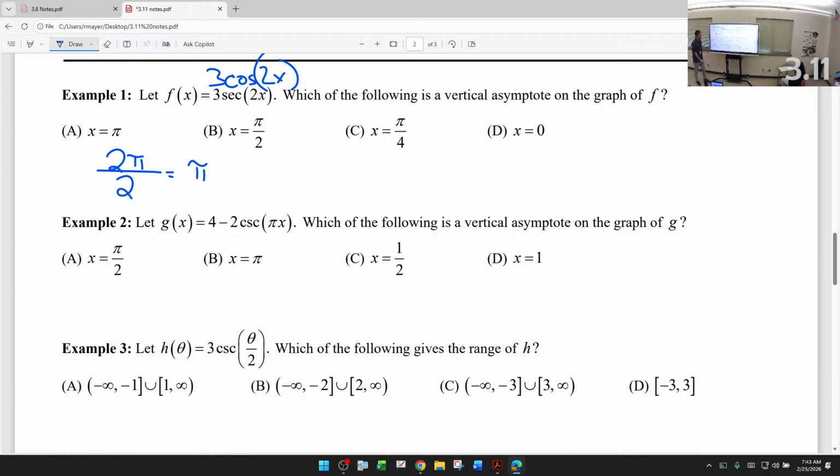And if you have to, draw it. Sketch it. Cosine starts high, goes low, hits it, comes low, goes back up, hits it, comes back up. Just draw it. Quick sketch. This is 3, this is -3, but that doesn't matter. This is the value I have to find. And my period is pi. So instead of this being 2 pi, that number out here is now pi.